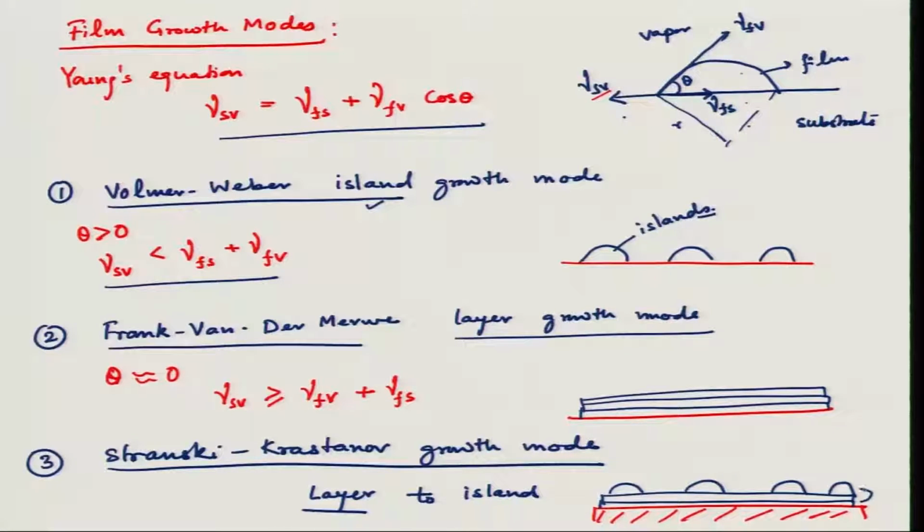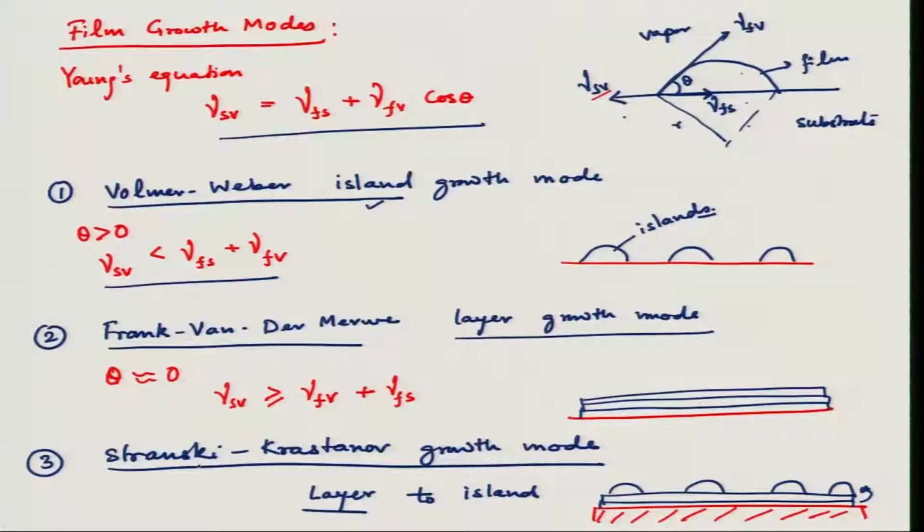So, this switch from layer to island growth mode must have some extra energies involved, right. So, we will discuss this part and why this happens. We will discuss one of the possible cases, there could be many other things. So, this is called Stranski-Krastanov growth mode, which starts with the layer to layer deposition and then switches to island growth mode.